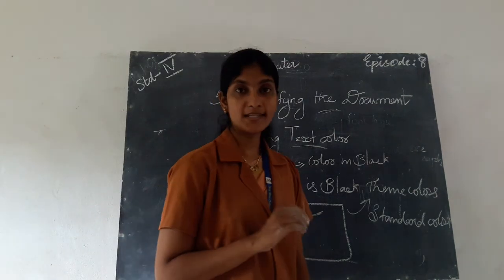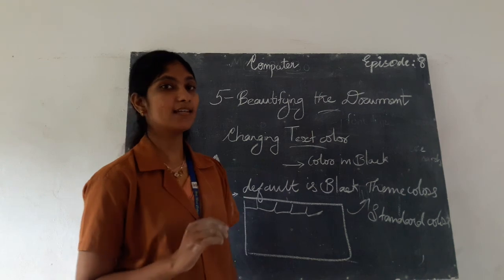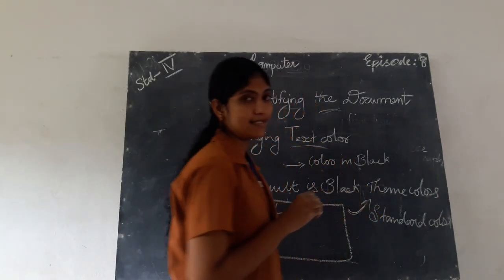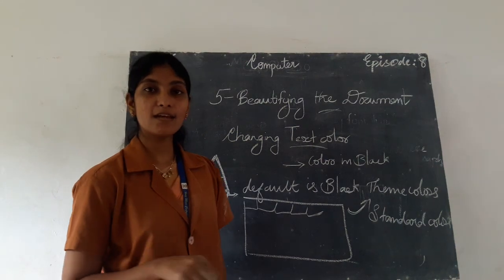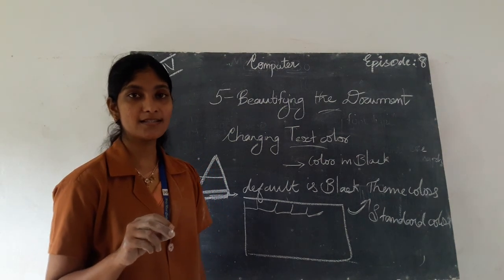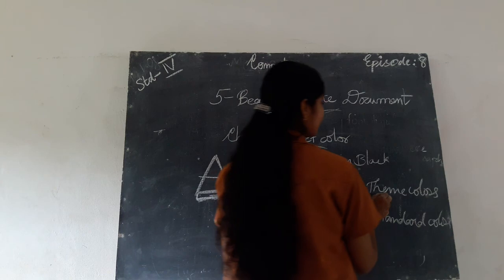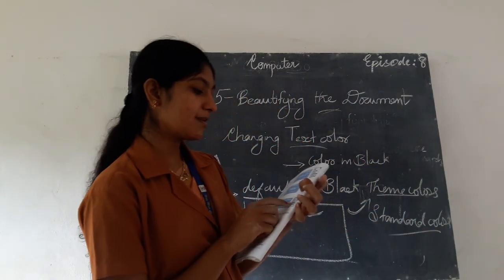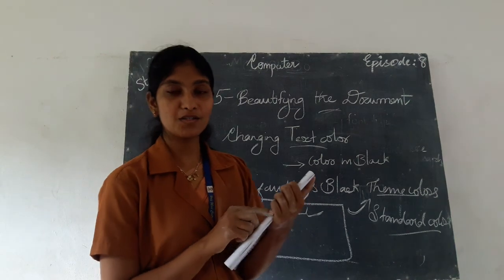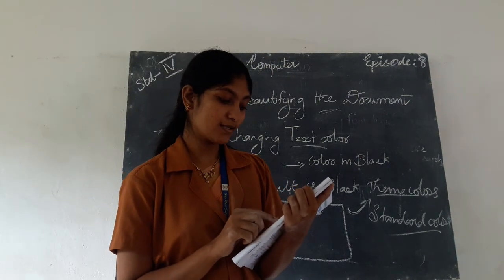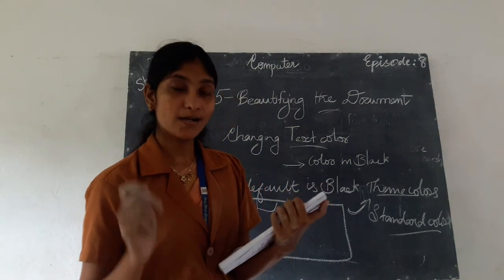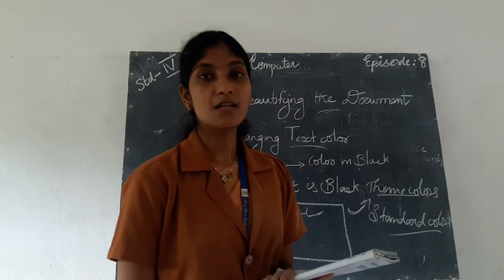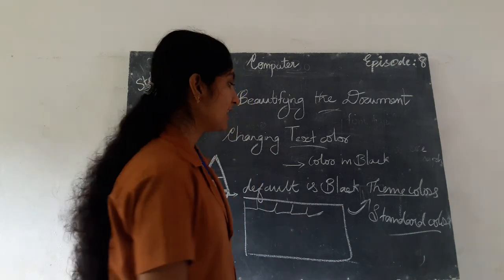If you want to change black to any other color, click the letter A and you can see a box of colors appears. Then just select the theme color or standard color. Theme colors contain some portions of colors, and standard colors contain red, orange, green, blue, black, brown, etc.